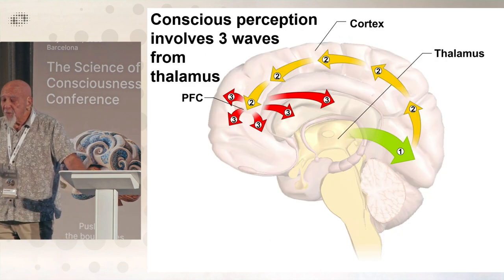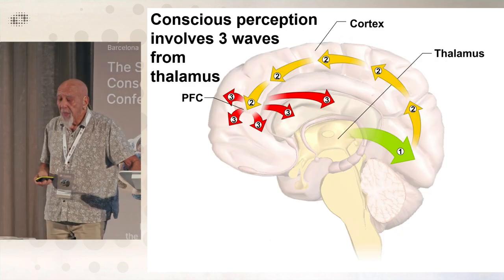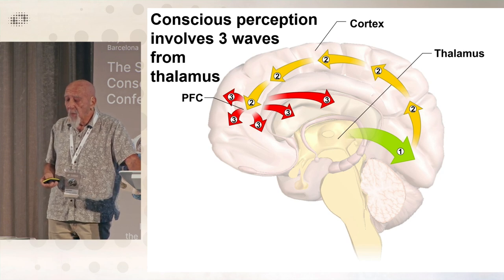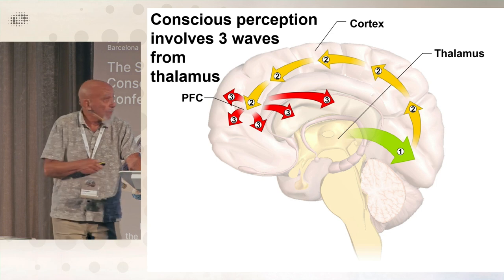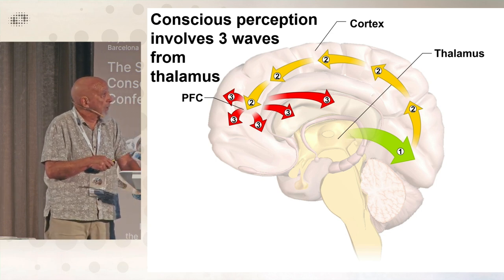So how does this map out to what we do know about the brain? Basically, we know that conscious perception involves three waves from the thalamus. So whether it's optical or auditory or touch or whatever, everything except smell runs through the thalamus.